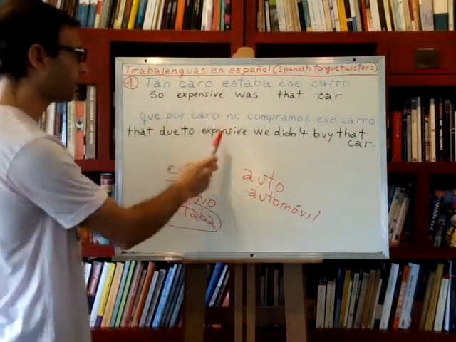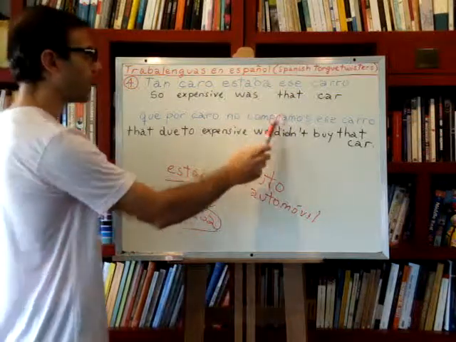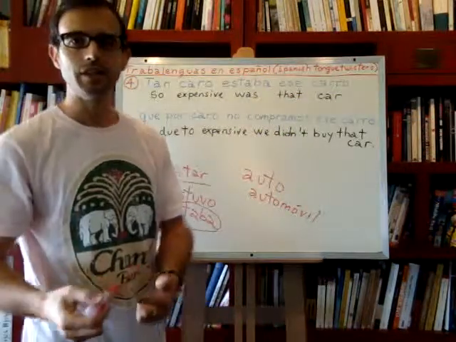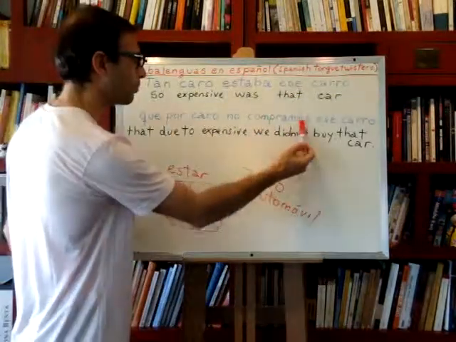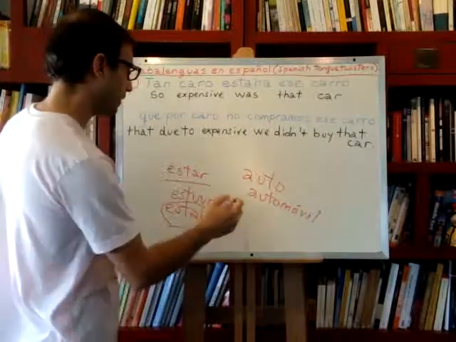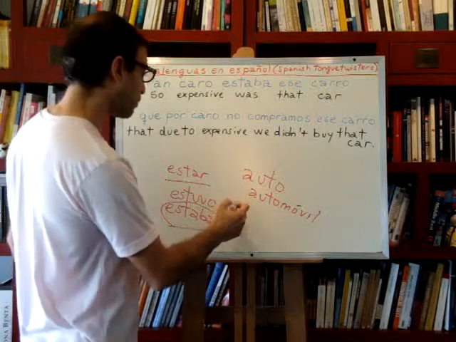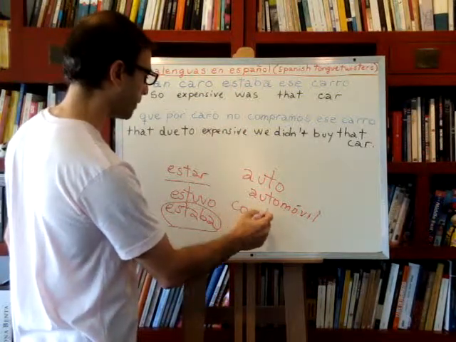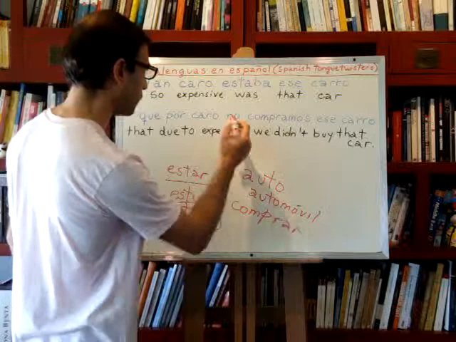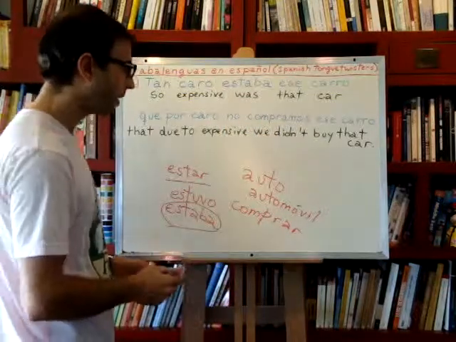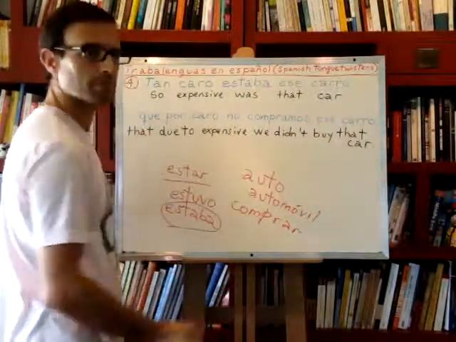Caro again means expensive. No compramos is we didn't buy, right? Compramos here is past tense for we of the verb comprar, which means to buy, okay? No compramos, we didn't buy that car.